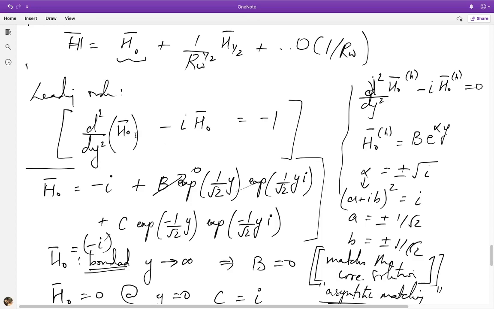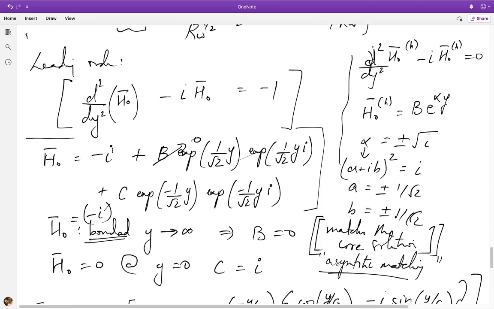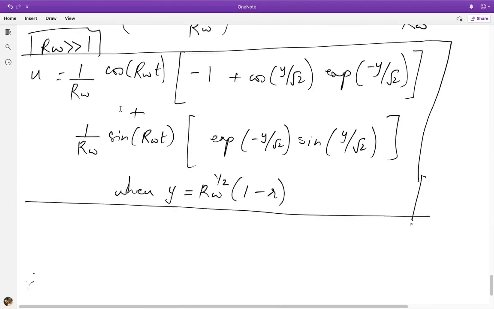If we could solve the problem as we have done here analytically, then we calculate the velocity field in the boundary layer and we can compute the shear stress that way. But even if you cannot solve this problem, we can still determine through our analysis how the shear stress will scale with the frequency, that is in this case with the Strouhal number or 1 over R omega. That already gives us a lot of information about the problem, even in the case where we cannot solve the differential equation for H0 bar.